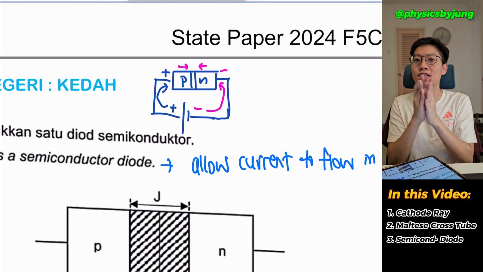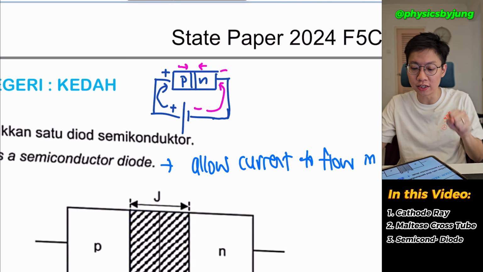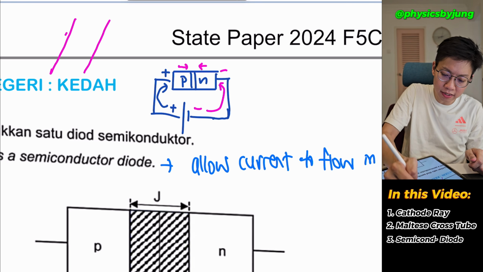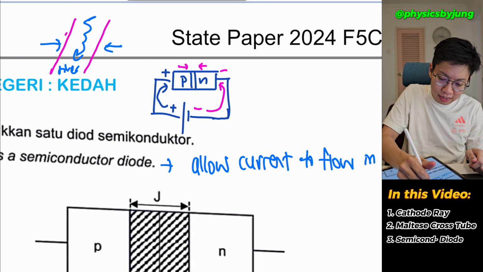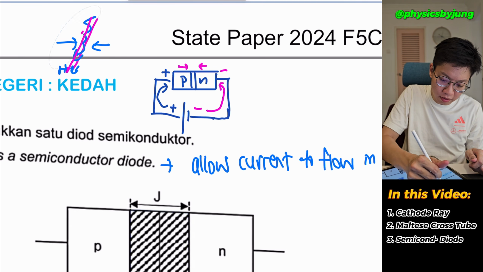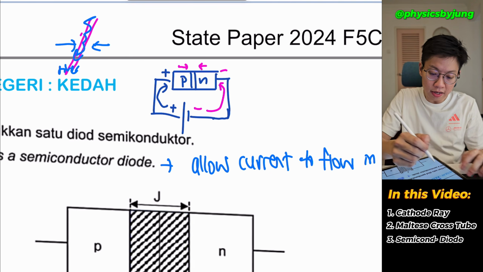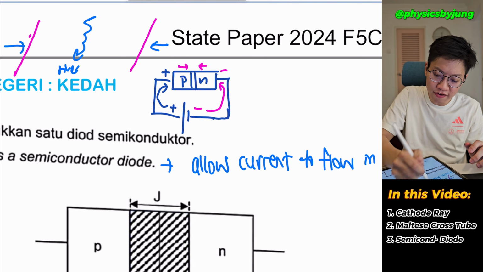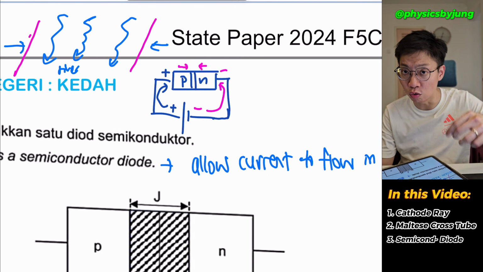So when they squeeze together, it will be able to conduct electricity. Just imagine there is a land here, and a land here, and in the middle there is a river. If these two walls start to move closer, the river becomes smaller, so the current can move across. If the other way around, this one becomes bigger, now your river becomes bigger, meaning your current is even harder to flow.